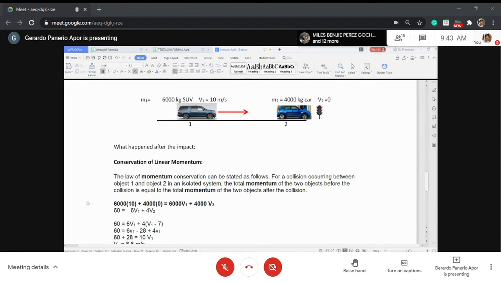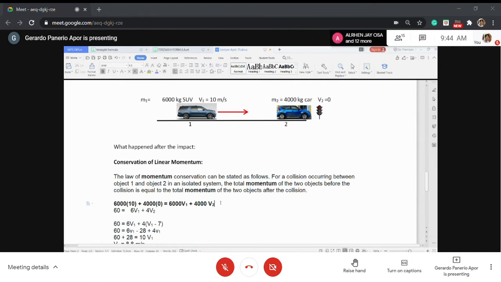So this is basically the law of conservation of momentum. We will assign object 1 as car number 1 and object 2 as car number 2.